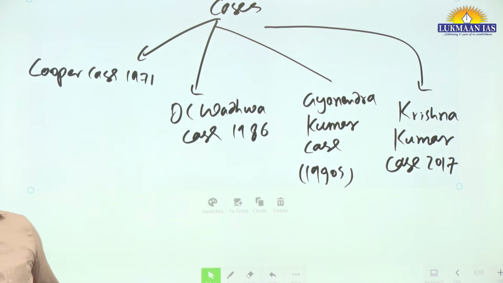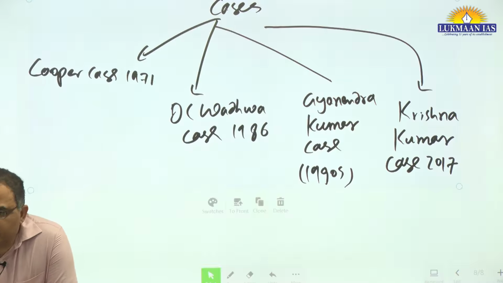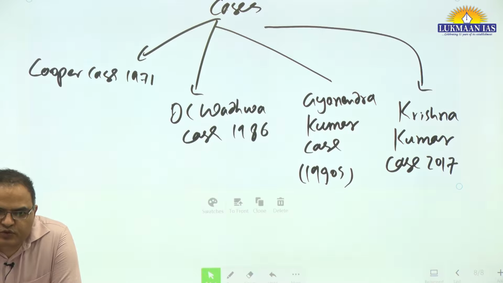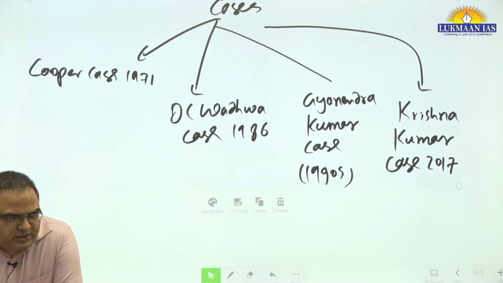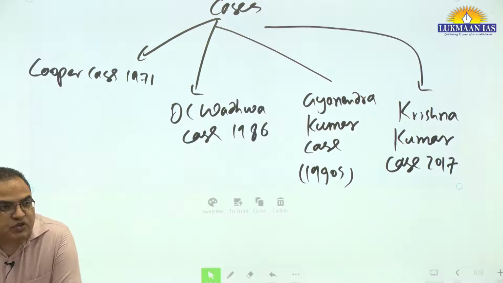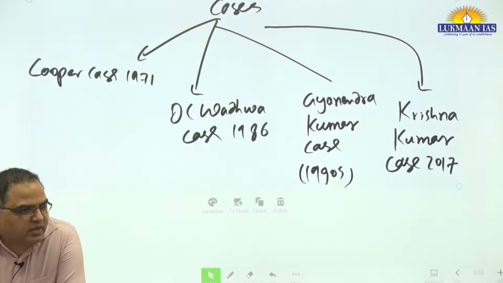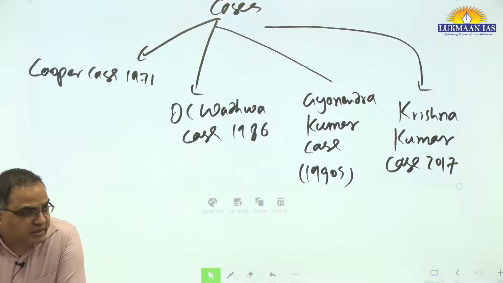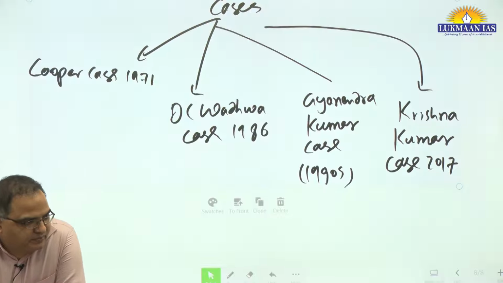In GS they have asked about ordinances 2 times since 2013, and both questions are related to repromulgation. The first repromulgation question was asked when the repromulgation of the land acquisition bill was done. That time there was lots of debate and discussion on repromulgation, so we expected a question and it was asked in the GS paper.